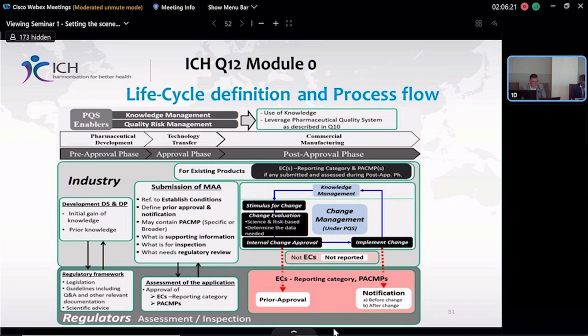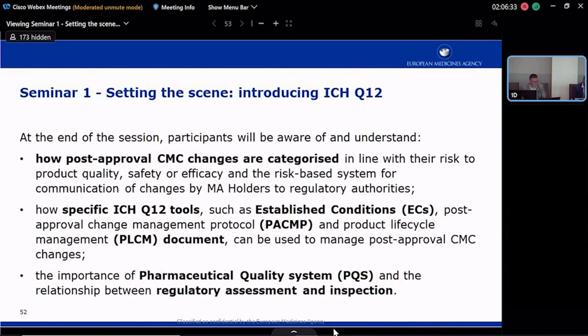You can see as an assessor or an inspector where you sit in these diagrams and which aspects of lifecycle management you can influence and regulate. So these were the learning objectives at the start. I hope we've managed to touch on them, and I think we'll open the floor now for questions and discussion. So back to you, Ivo.